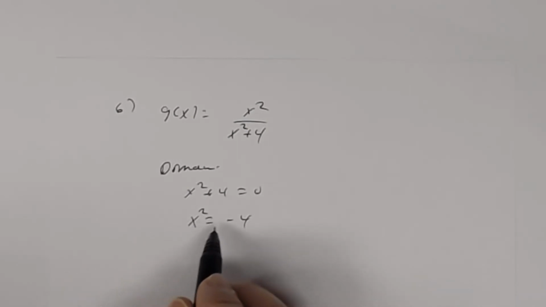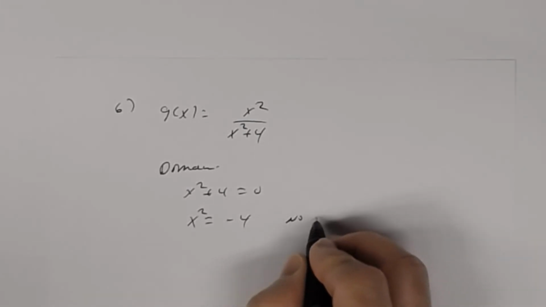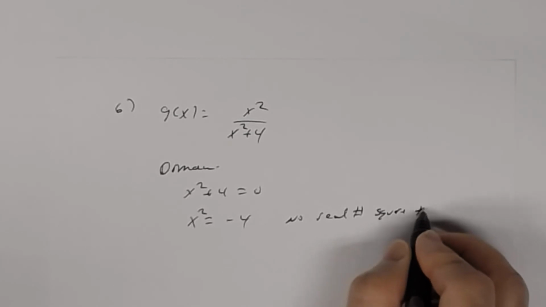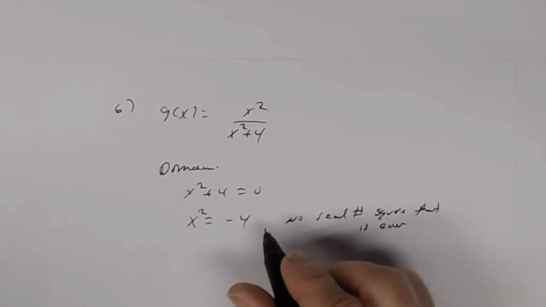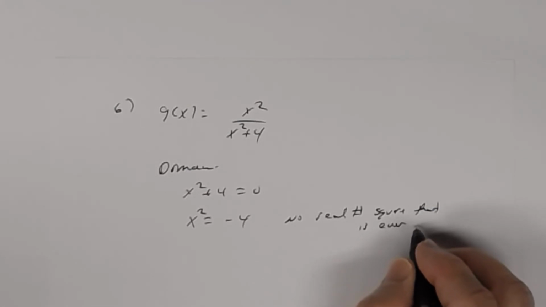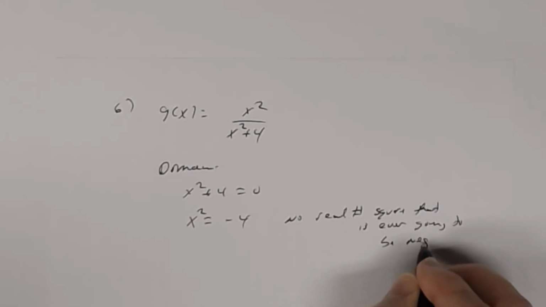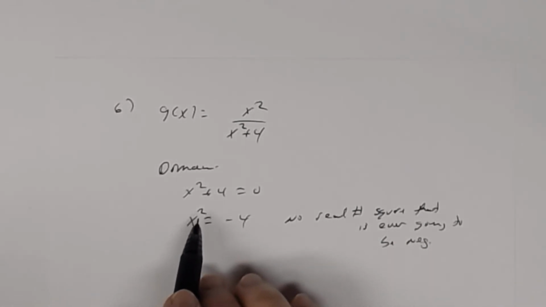So there's no real number squared that's going to be negative 4.